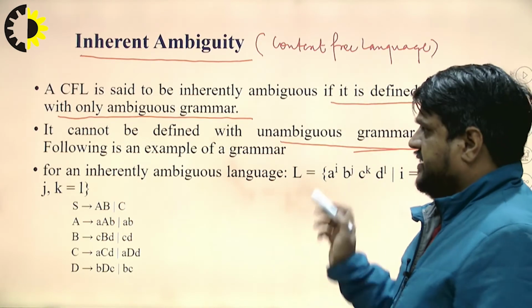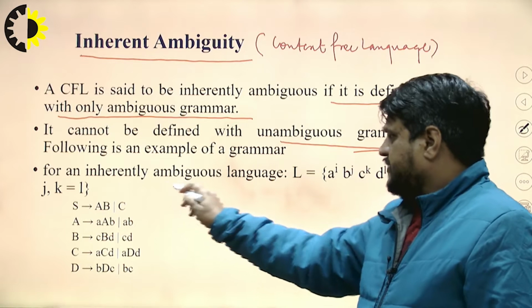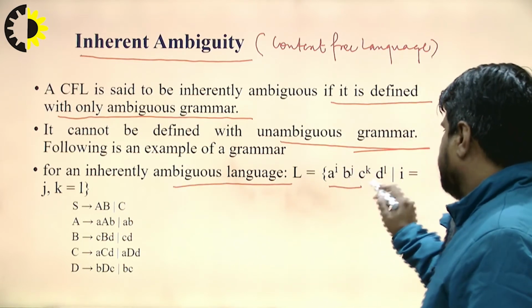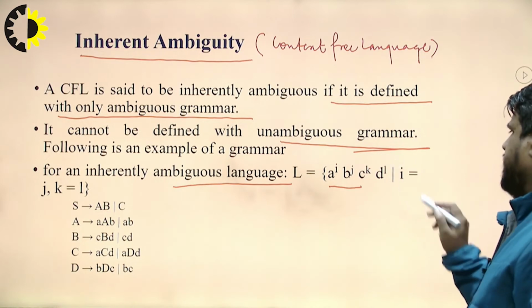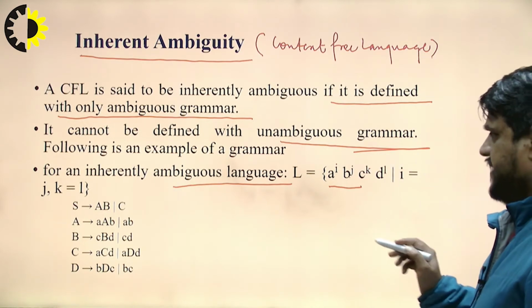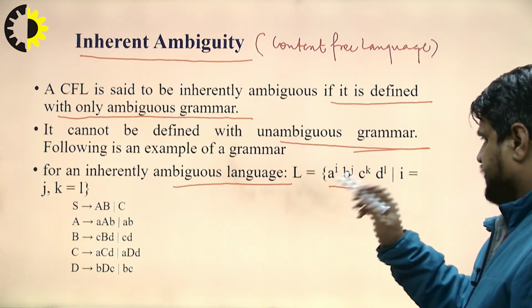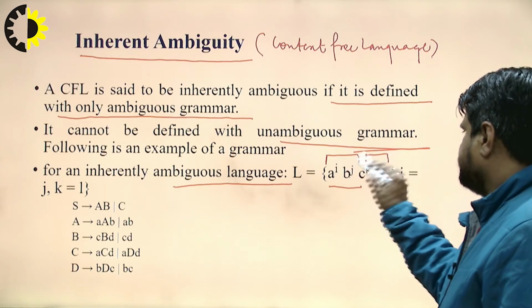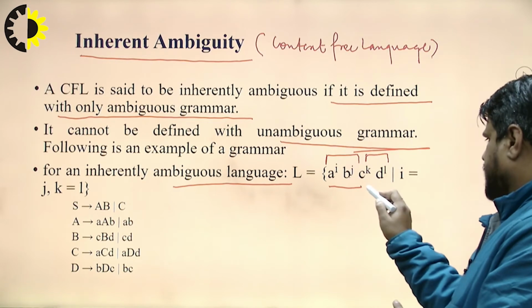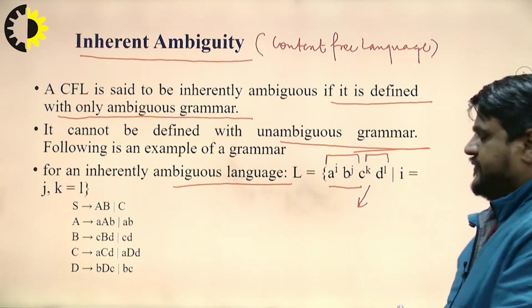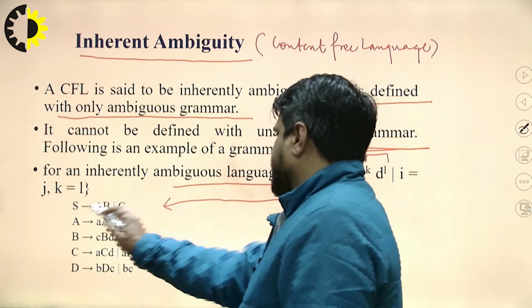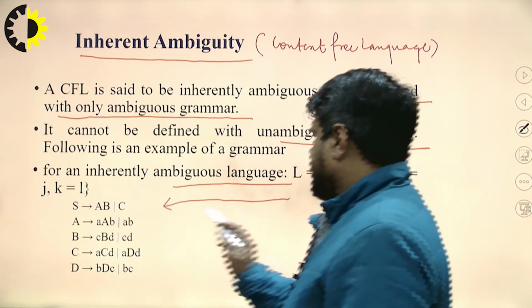Consider the particular language L equals a to the power i, b to the power j, c to the power k, d to the power l, where i is equal to j and k is equal to l. The meaning is that these are the same, right? This particular language can be defined by this particular grammar. S tends to AB, right?